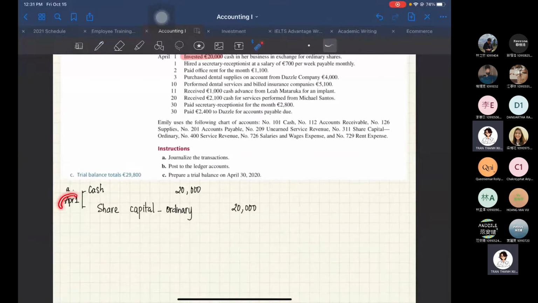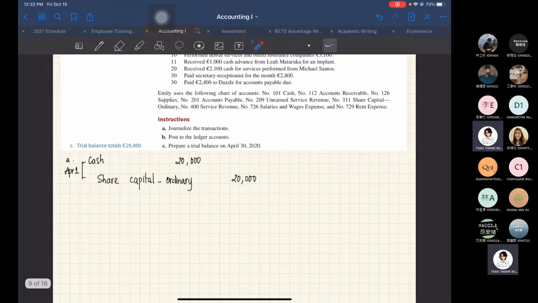And there was one more thing to pay attention to, which is the date. It's special, for example, if you need to do the adjusting entry, or on account receivable.